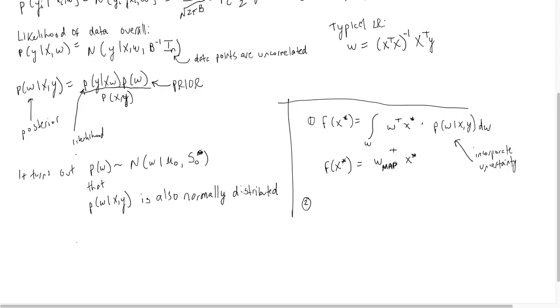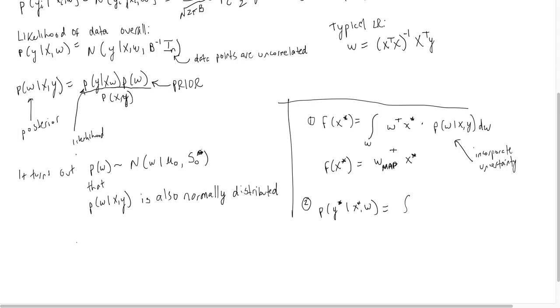The second point I want to make is that with Bayesian linear regression, we don't just obtain some y value, but we're actually able to obtain the probability of a y value given some other point x and our w. That is, you give me an x, I don't just give you back a y as in normal regression, but I can actually tell you the probability over many y's.